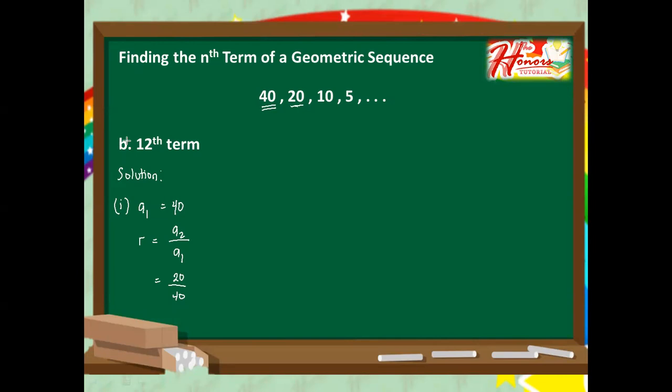So let's use the highest number that we can use to divide the numerator and denominator at the same time without remainder. That is 20. So we divide both the numerator and denominator by 20. 20 divided by 20 is 1, over 40 divided by 20, that's 2. So the ratio here is 1 half.